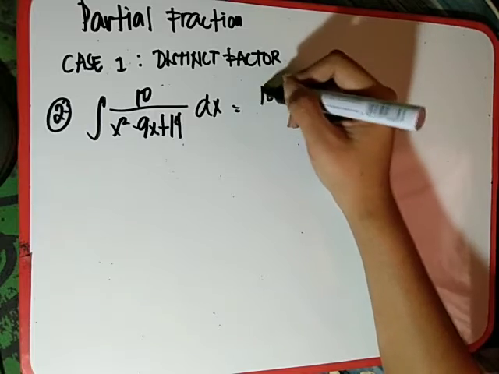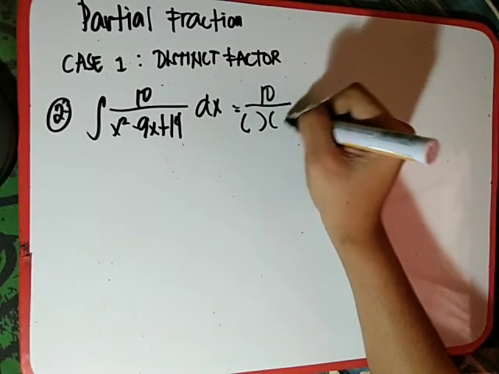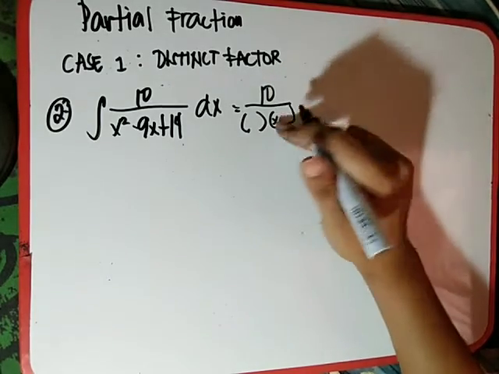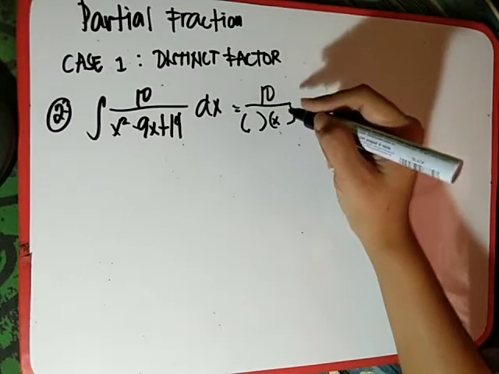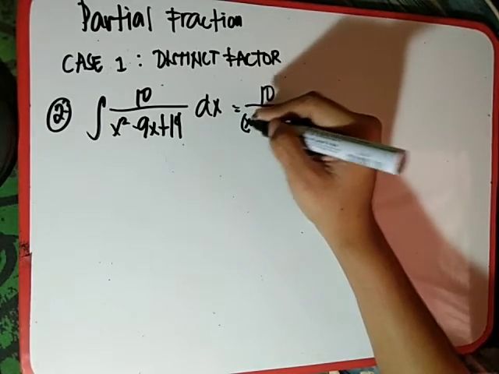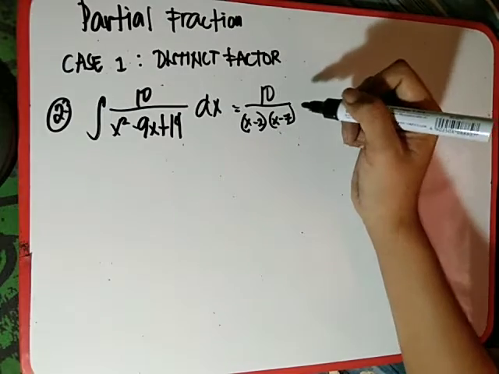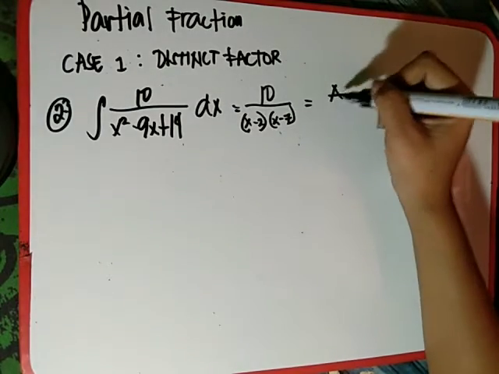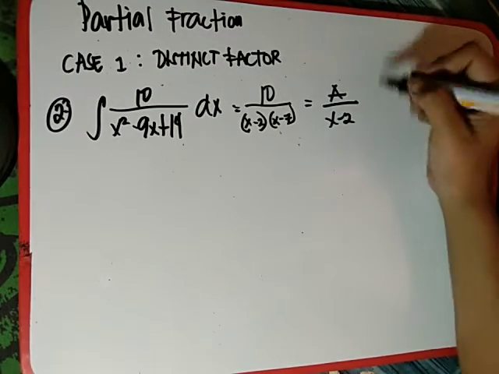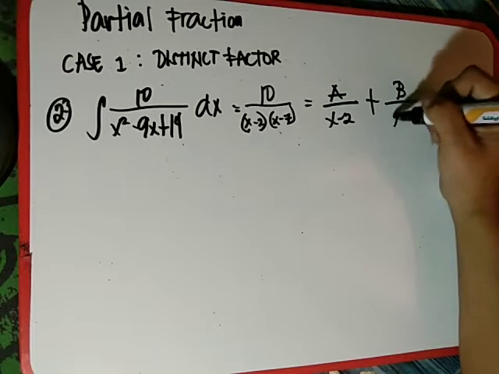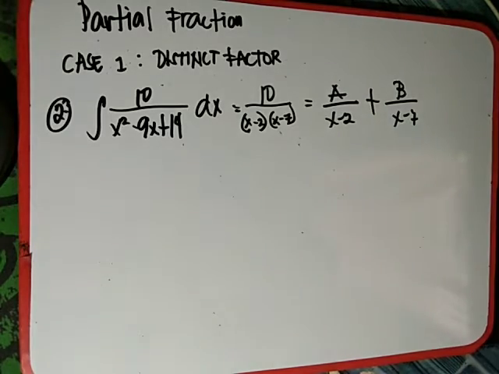So we have 10 over x minus 2 and x minus 7. So we have a over x minus 2 plus b over x minus 7.